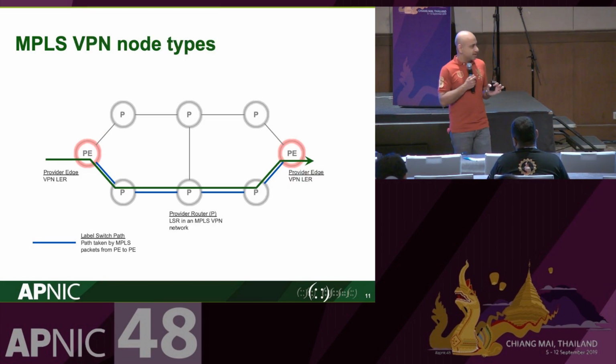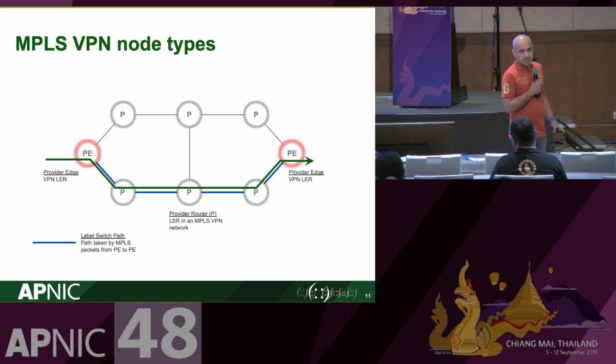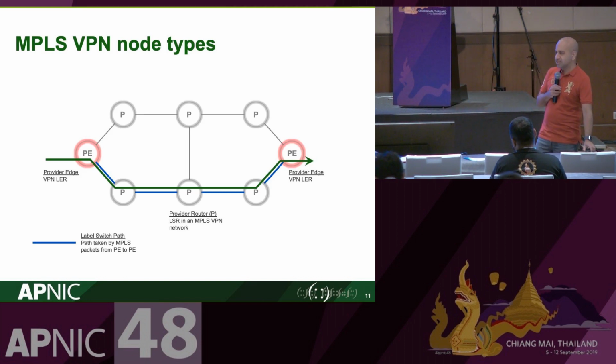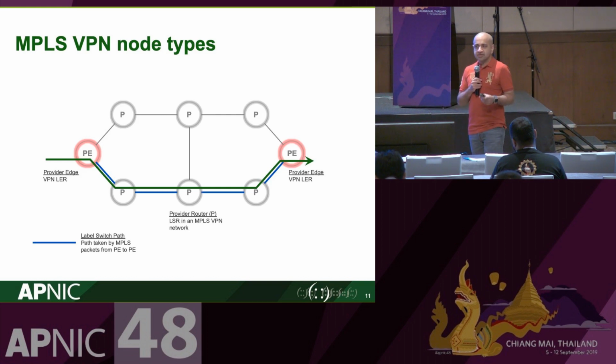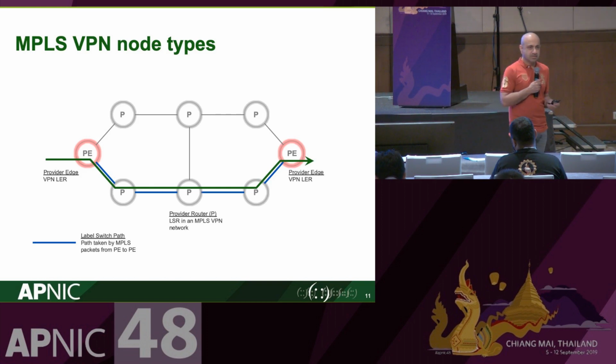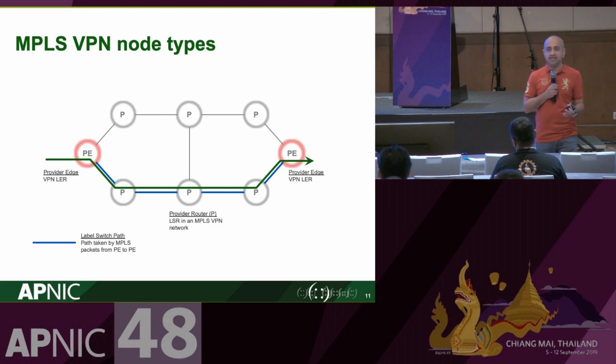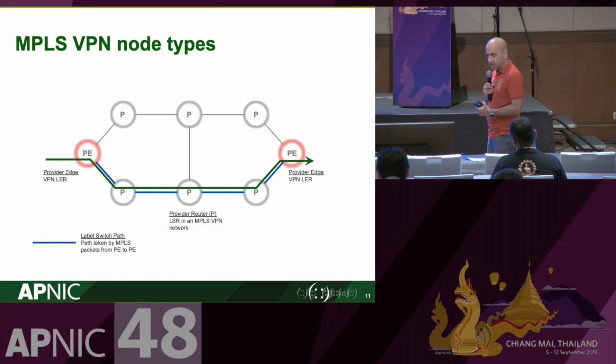That was a generic sort of MPLS network. We also have the concept of an MPLS virtual private network, right? In an MPLS virtual private network, we essentially use the term provider edge to refer to an LER, right? It's the same kind of thing. You have unlabeled packets coming in, and you're putting a label on it.